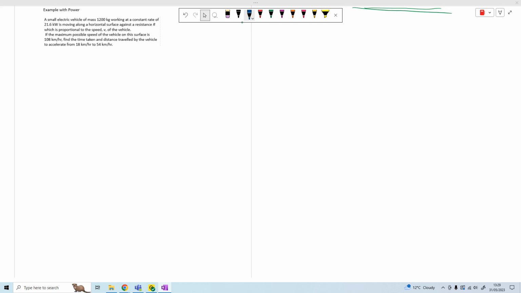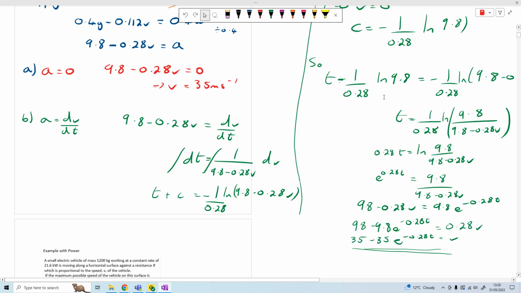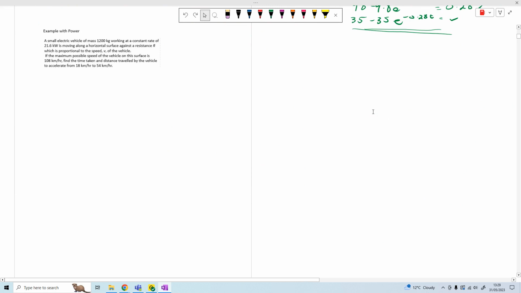So I've got an electric vehicle that has a mass of 1,200, working at a constant rate of this. So straight away, there's my power.